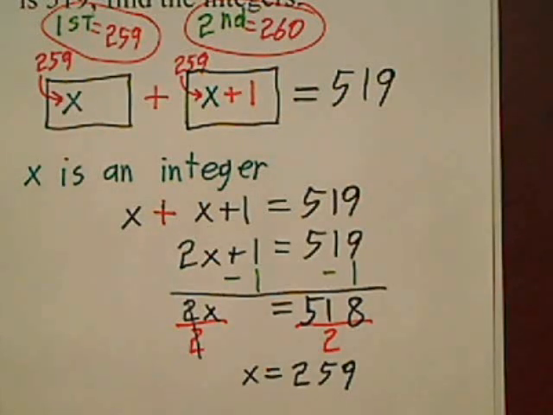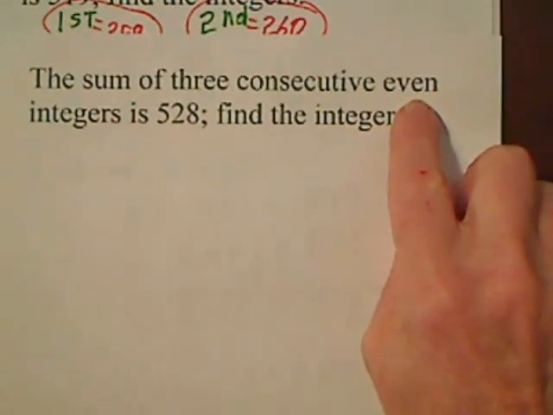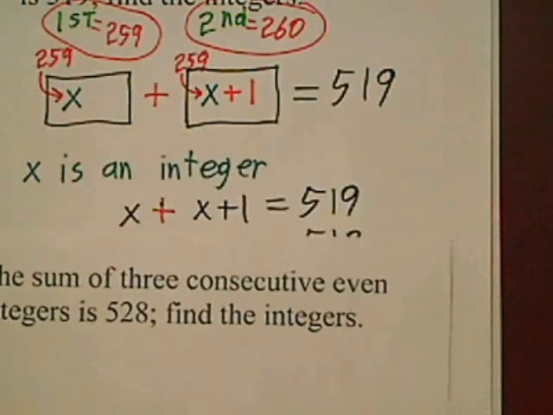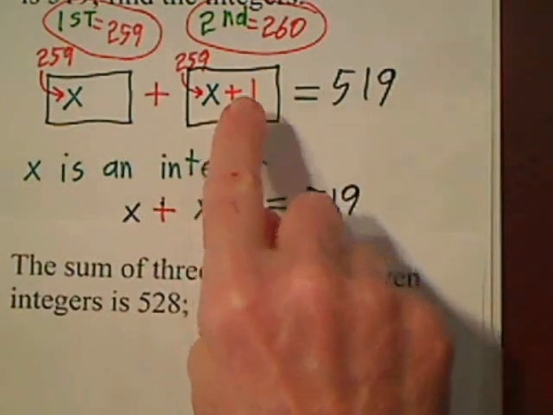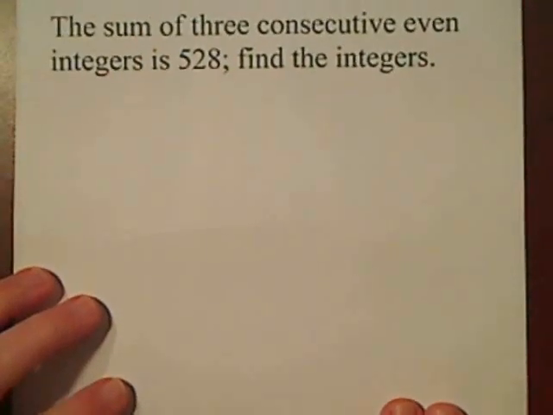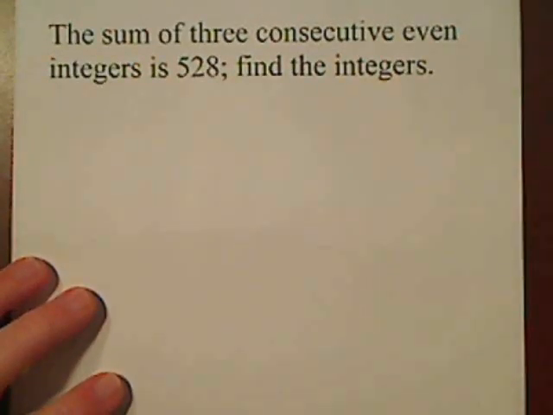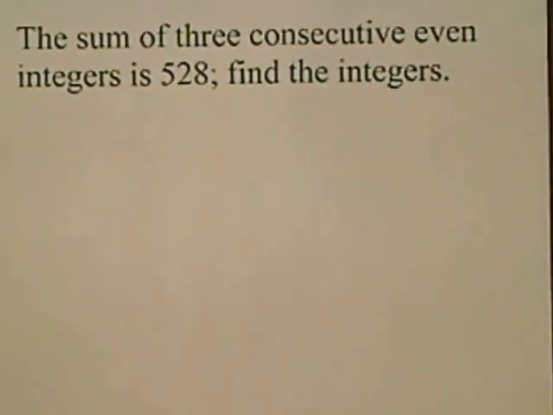Now this is a little bit different than consecutive even integers. Notice when we had consecutive integers, we only had to add 1. For consecutive even integers, it'll be a little bit different. I have 3 of them, so I'll use 3 boxes.